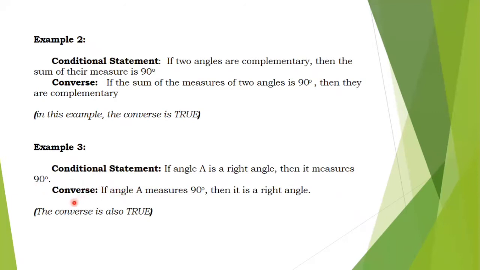So the converse will be, if angle A measures 90 degrees, then it is a right angle. Again, this time, the converse is true. Okay, ganun lang po kadaling magsulat ng converse. Papagpalitin lang ang hypothesis at ang conclusion.